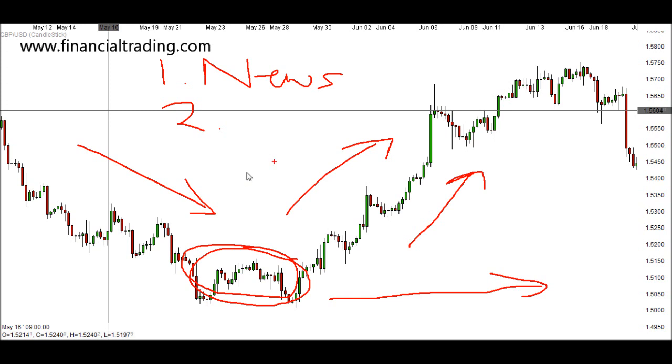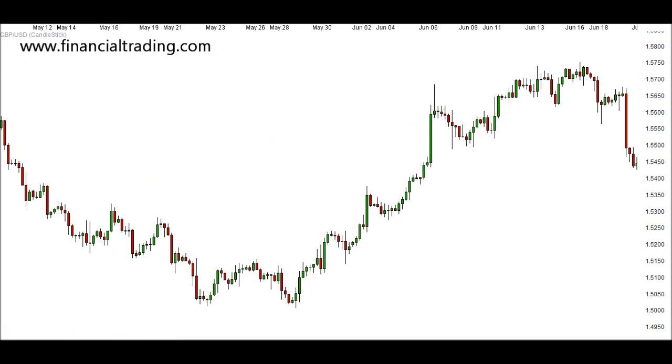Another major reason why price may change direction or behave differently is because the level price is currently at was a support or resistance area in the past. And traders use these levels of support and resistance in their trading.